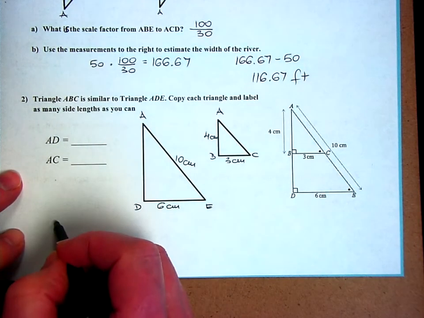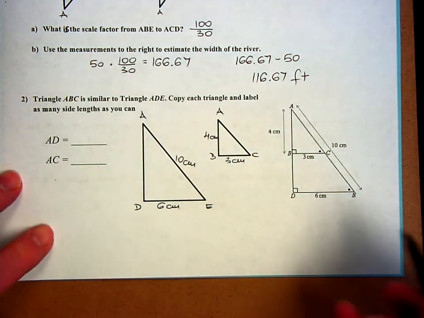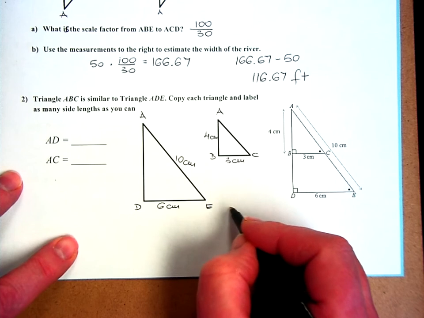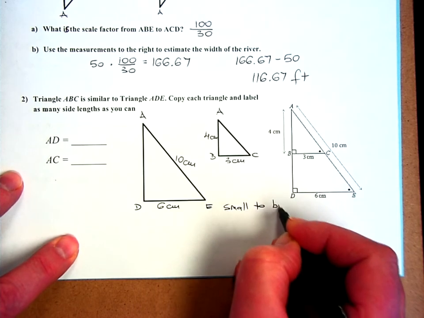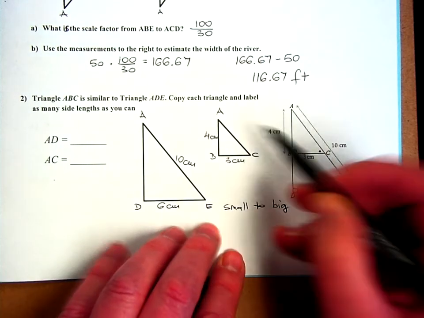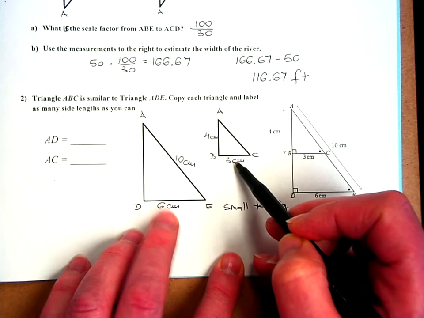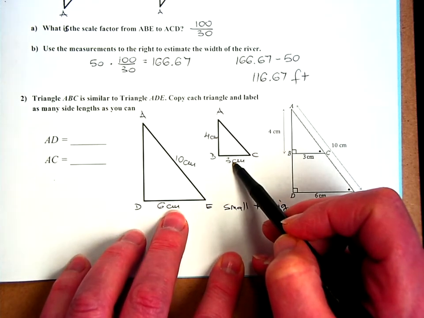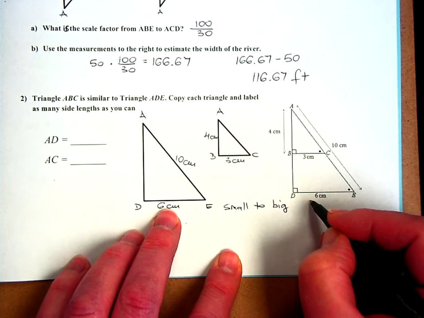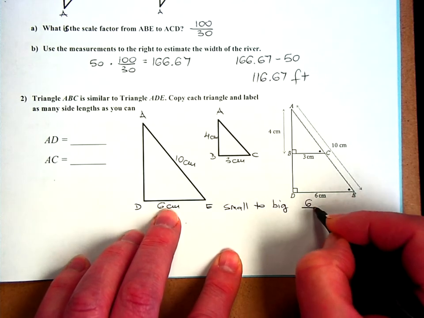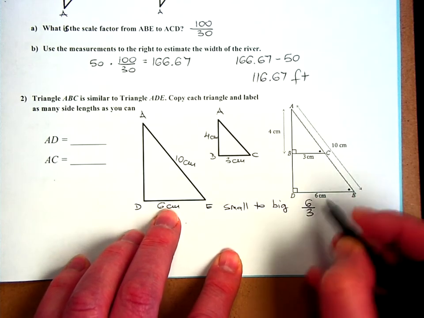The scale factor from small to big: I can use these two corresponding sides, I know them. From small to big, I need a scale factor bigger than 1, which means put the larger corresponding side on the top, smaller on the bottom.